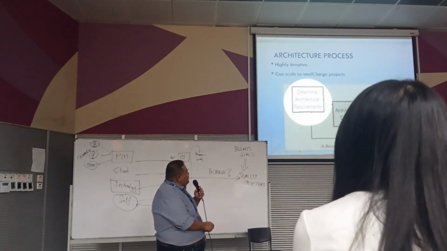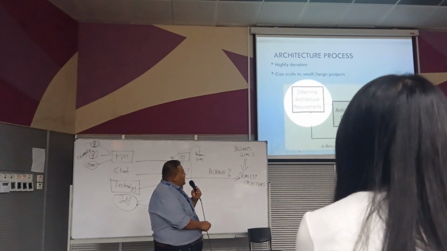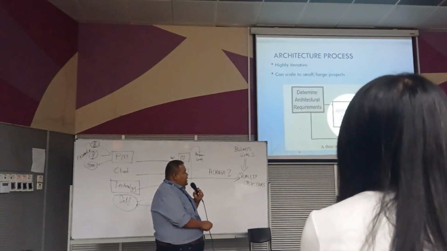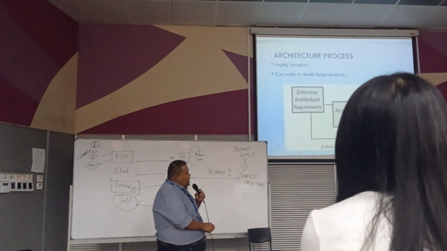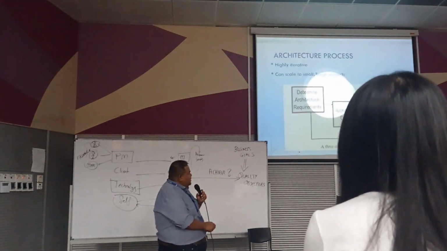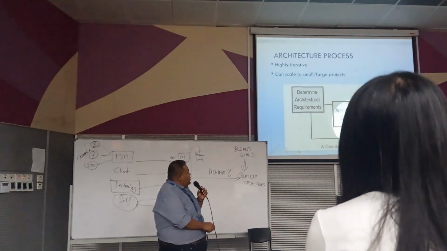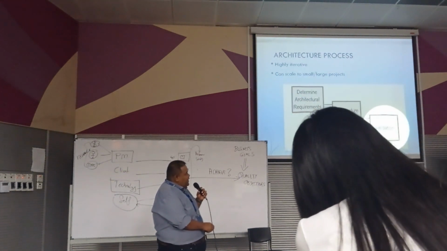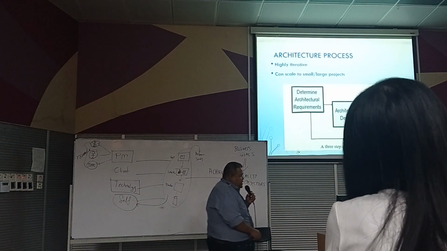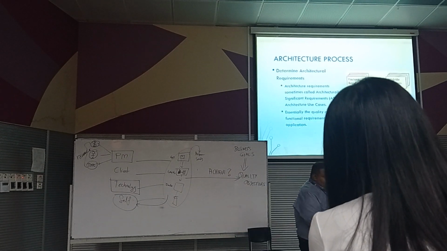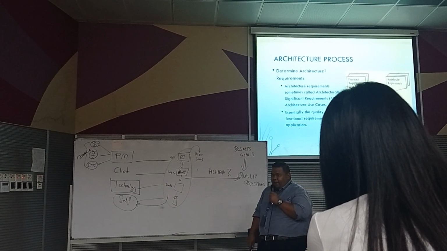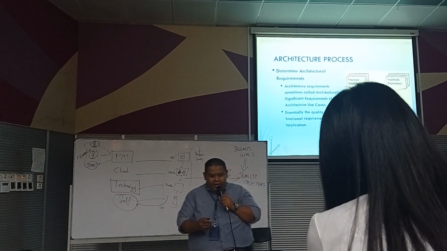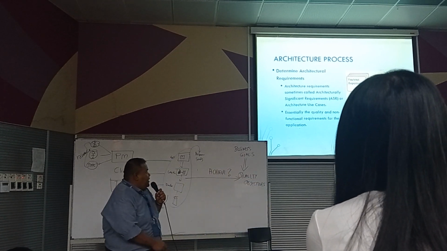So the process starts from identifying the architectural requirement, then identify the design, then you need to validate. This is just a generic process: identify the requirement, identify the architecture design, and then do the validation. Architectural requirement comes from your SRS.